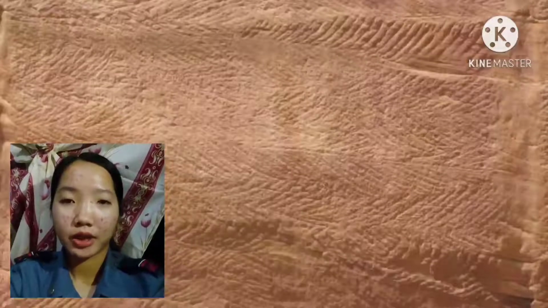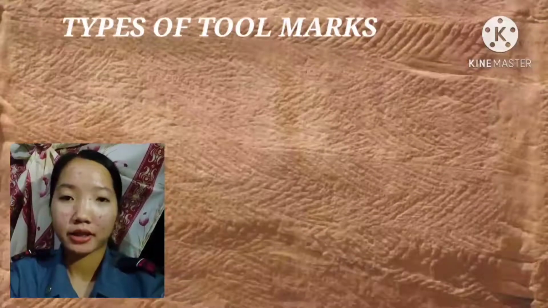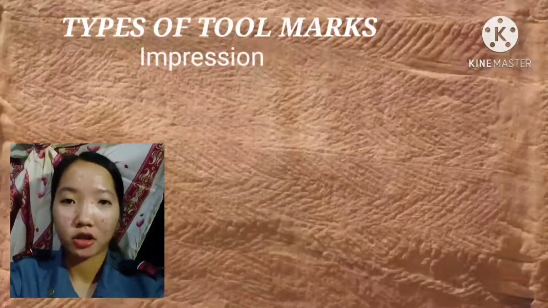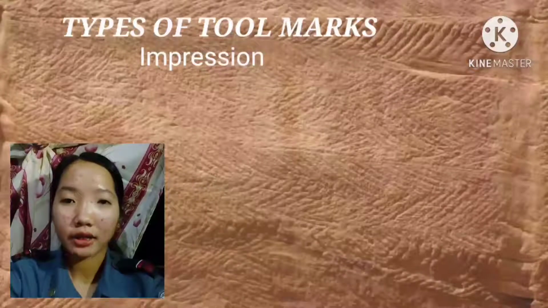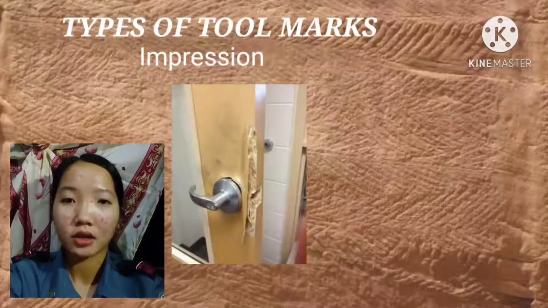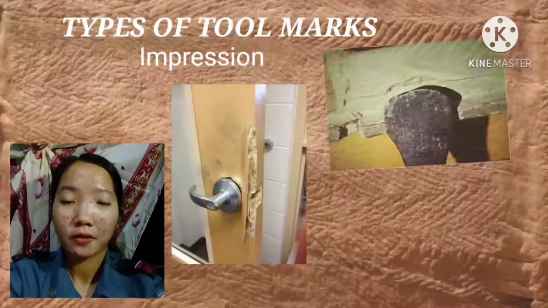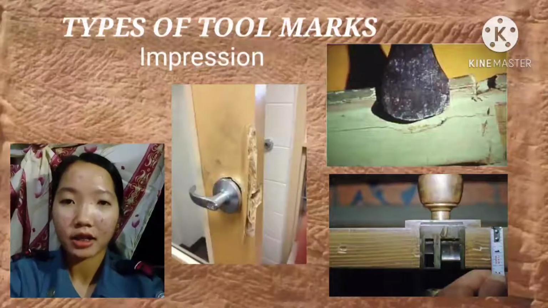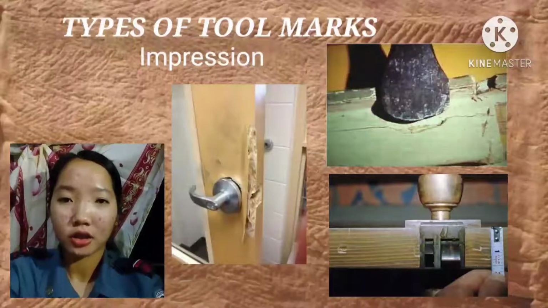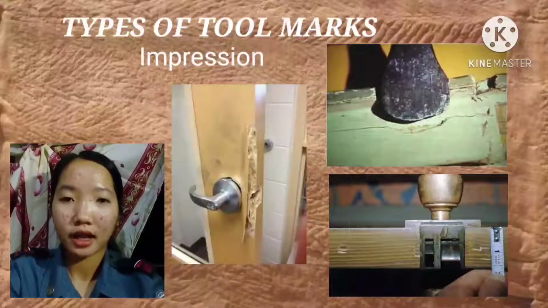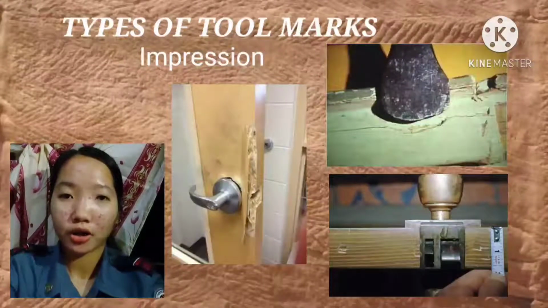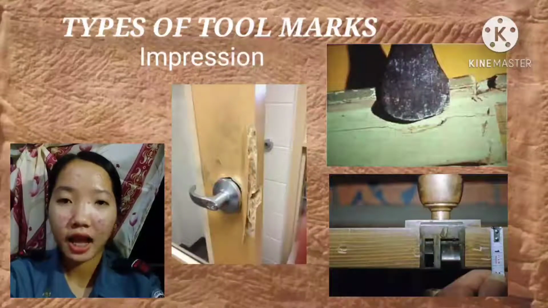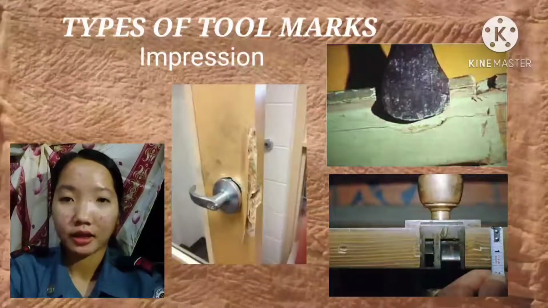So, let's proceed with the types of tool marks. The first type is an impression. Ito ay ang negative reproduction sa isang tool surface. For example is ang screwdriver or pry bar na impressions na naiwan sa isang door or sa bintana na pinilit or pwersahang binuksan.